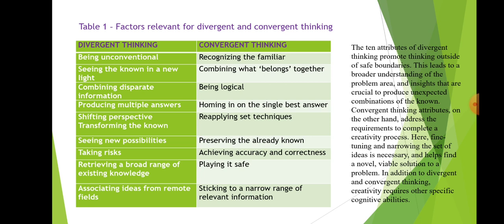Convergent thinking attributes, on the other hand, address the requirements to complete the creative process. Here, fine-tuning and narrowing the set of ideas is necessary and helps find a novel, viable solution to a problem.